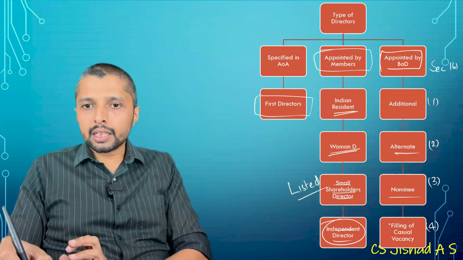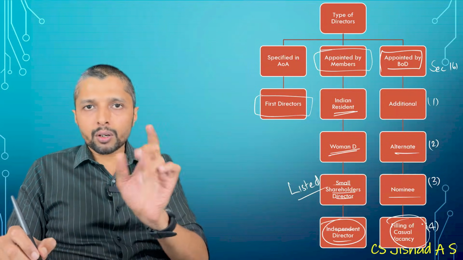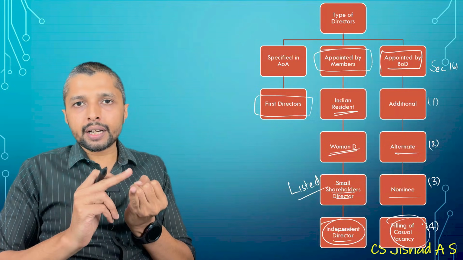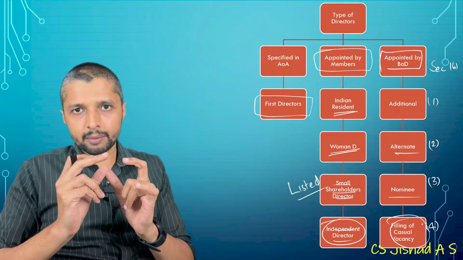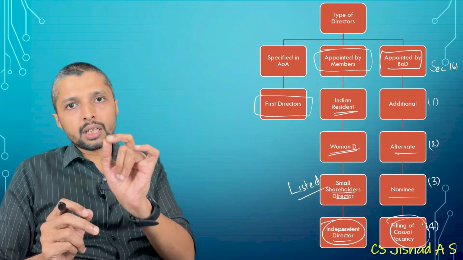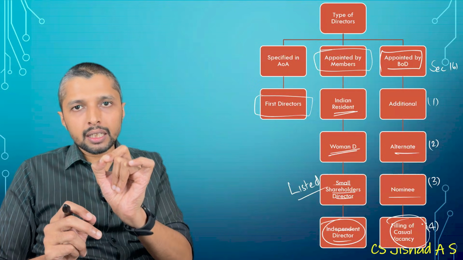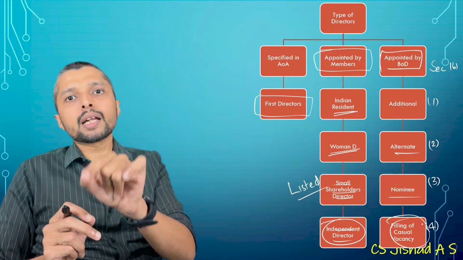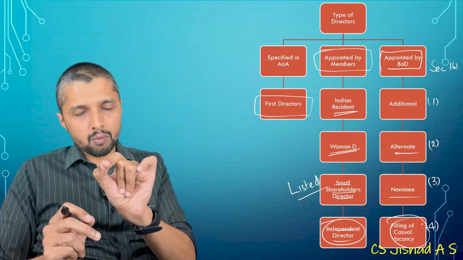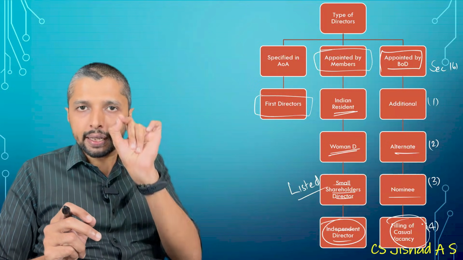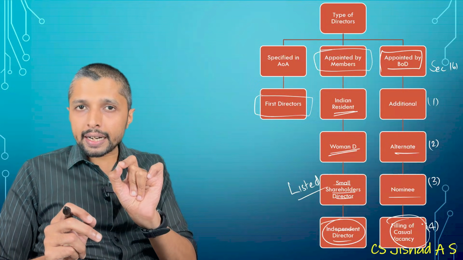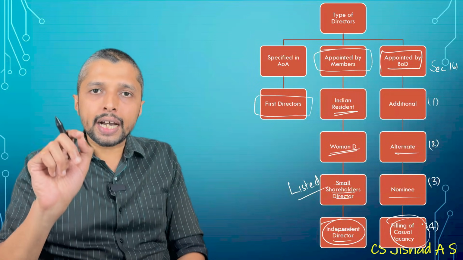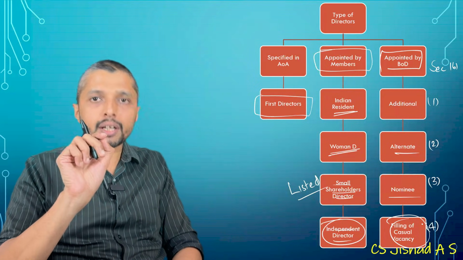Then filling of casual vacancy, which we have already discussed in the case of woman director and independent director. Please note, a vacancy in the case of directors who are appointed by members cannot be filled by the board. Section 161 subsection 4 clearly specifies that the board of directors can fill a casual vacancy only of those directors who were appointed by the board.